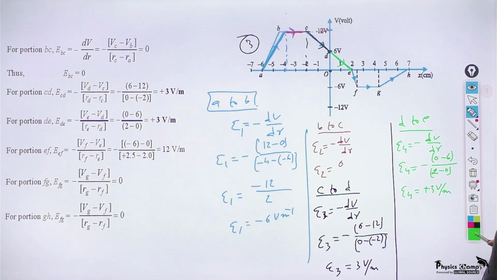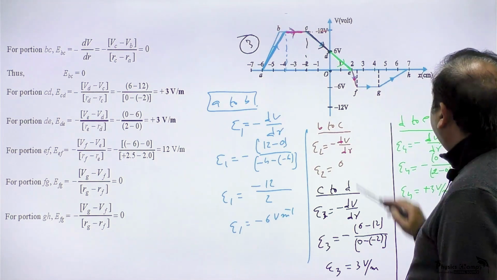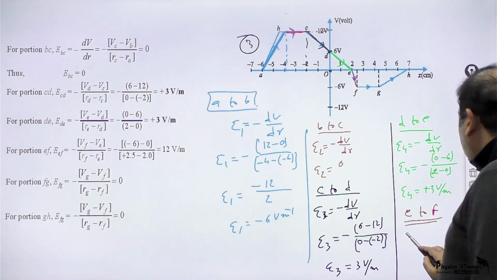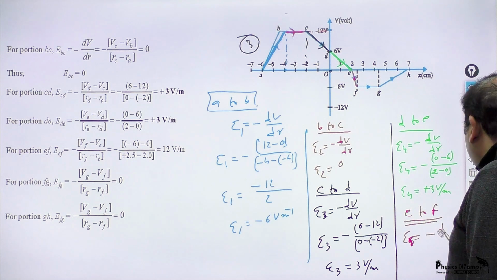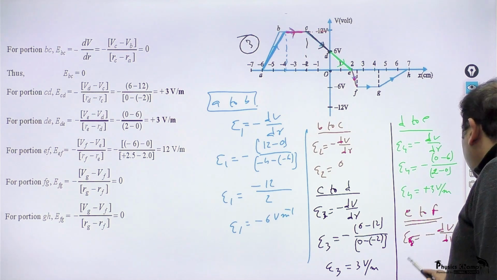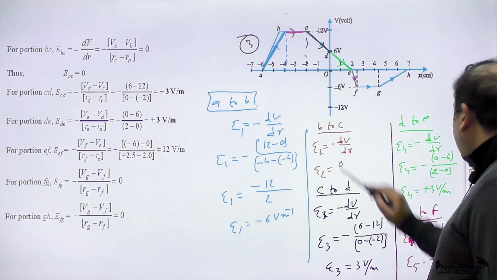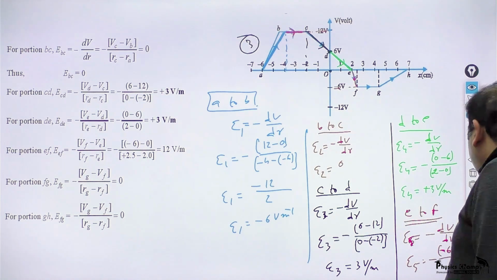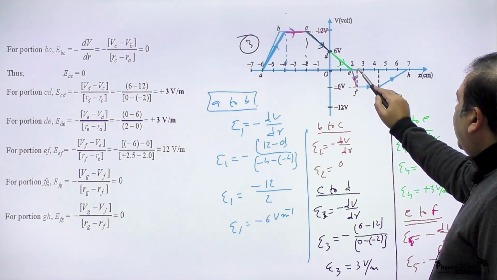Similarly, we will talk about E5. Let's take E5, which is E to F. So I am writing E to F here. E5 will be minus dV by dr. So E5 will be minus, V final here is minus 6 volt and V initial here is 0 volt divided by the value of R. The value of R is here 2.5.